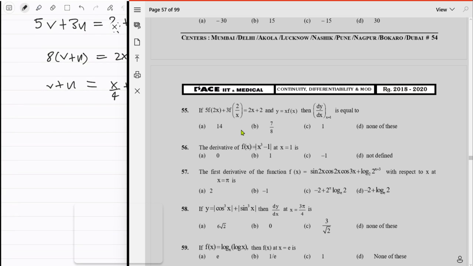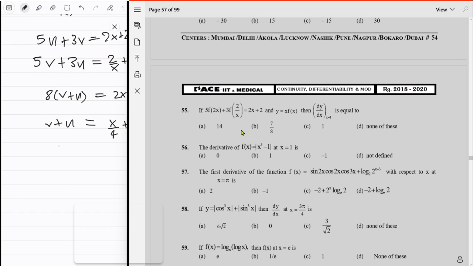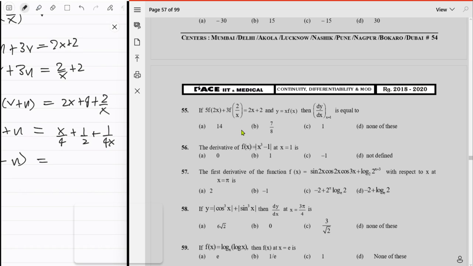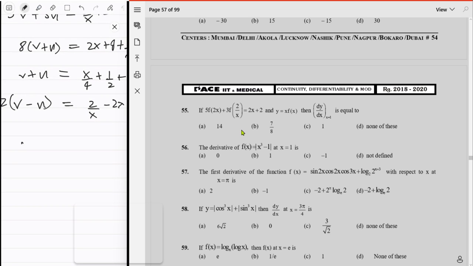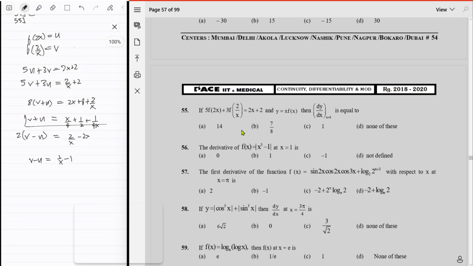And then similarly just subtract it. You will get v minus u, well, 2 times that actually, equal to 2 upon x minus 2x. So v minus u is equal to 1 upon x minus x. These are the two equations that you can use to get v and u.